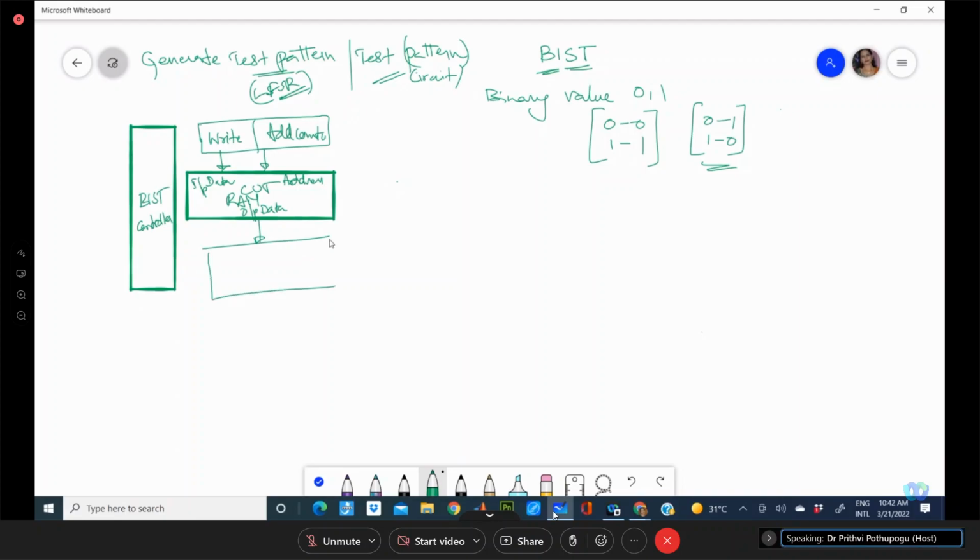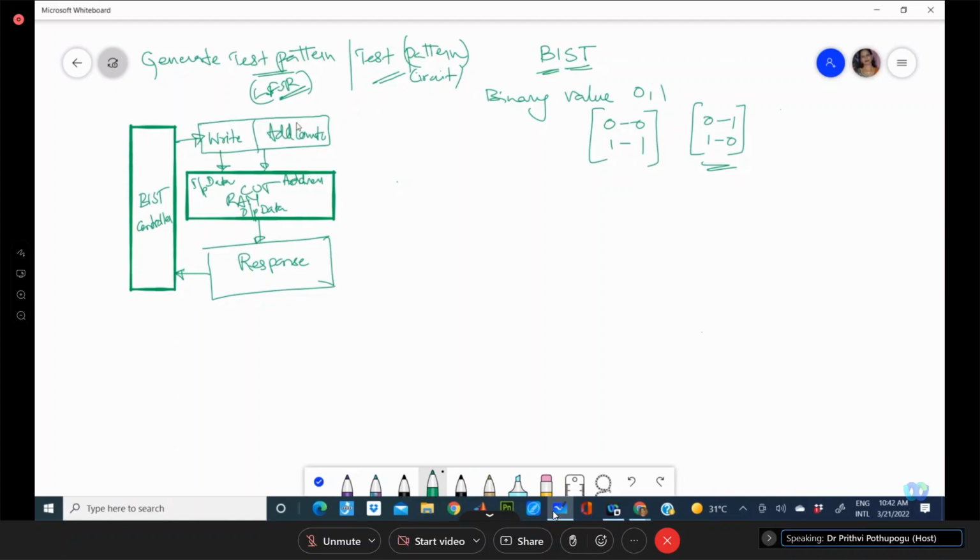So this is the response of the circuit after applying the test pattern. Now how do we compare this, how do we say that this circuit is working properly, or validate that the circuit is error free? It is the response that your design gives for a specific input, that means the test you are applying.